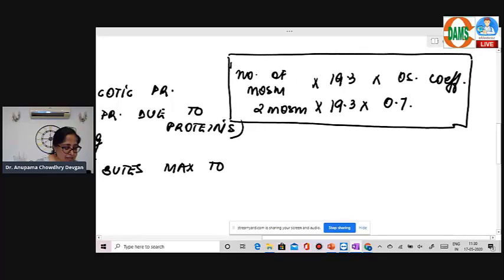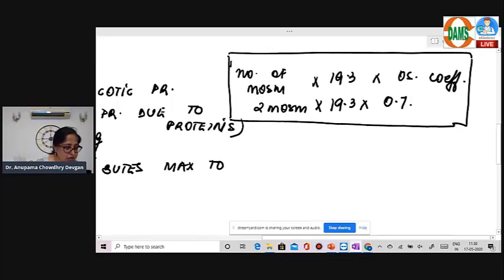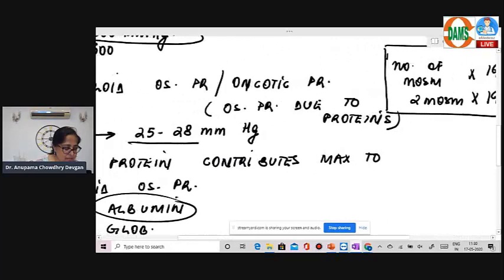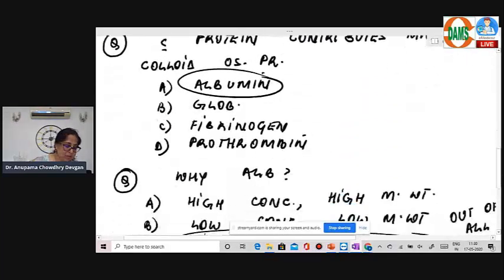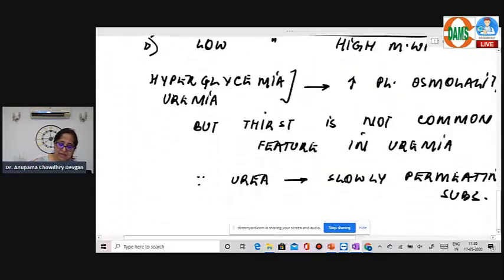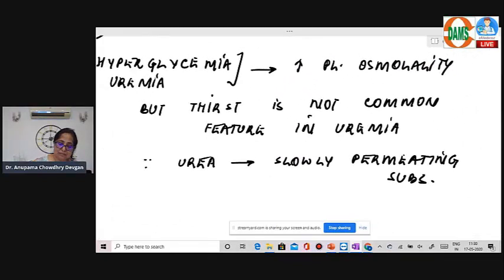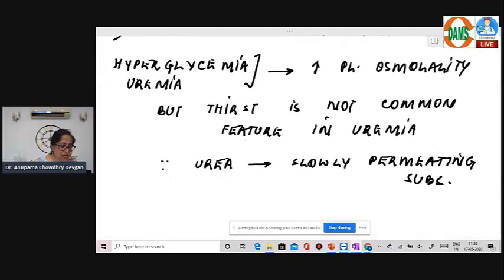Naman Agarwal, osmotic coefficient is 0. What are you getting confused with? See, what happens in uremia is, why is urea not contributing to thirst?